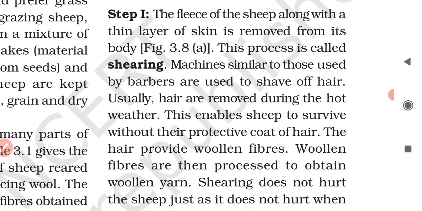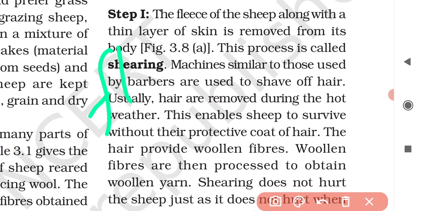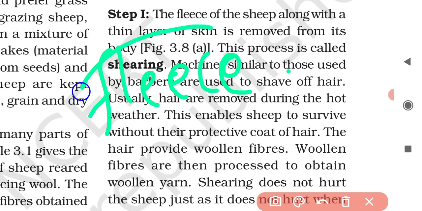So you know that the hair of the sheep is removed, right? The hair of the sheep is removed along with a thin layer of skin. Are you getting it? And that is called fleece.